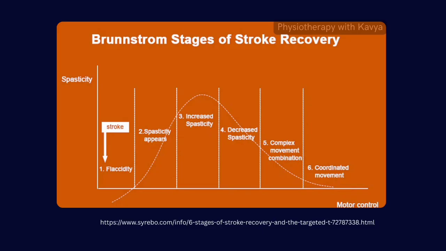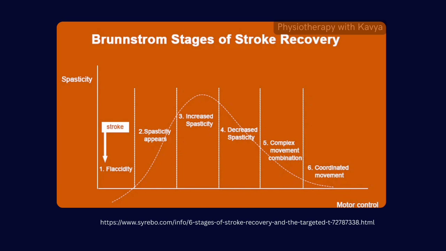So here's another one. Again the same thing, but now it's presented in a graph. So basically visualization is better than memorizing. And in the graph we have increasing spasticity against increasing motor control. So it's much easier to remember.